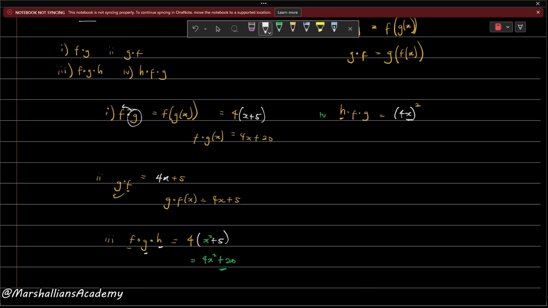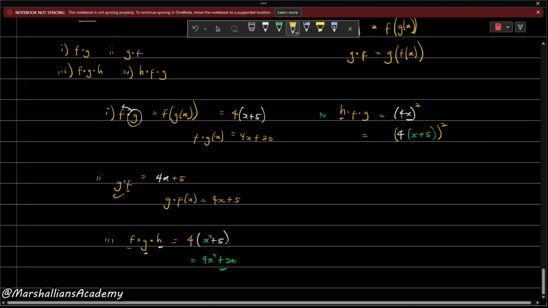Which means I'm going to be having 4 into bracket x plus 5, close bracket, all squared. Does this make sense? I have put this function inside this f function. Did you understand it? The variable x has been replaced with this function. So this is my h of f of g.